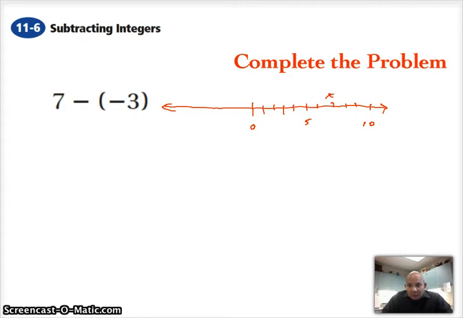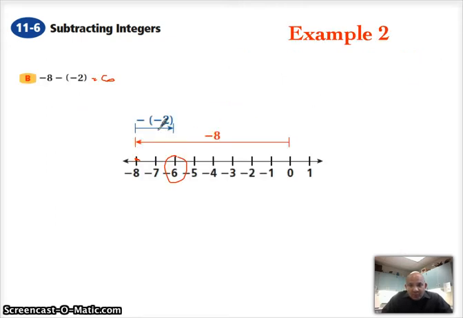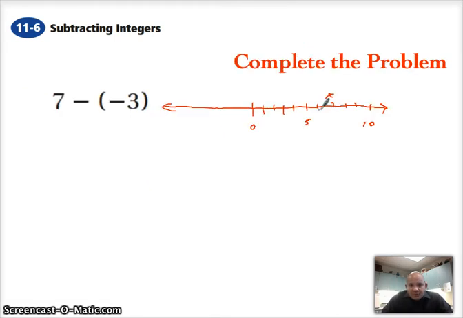If you recall, here when we subtracted a negative number, we moved toward the right. I'm going to do the same here. So 7 subtract a negative 3, we move to the right. 1, 2, 3. Gives us 10.